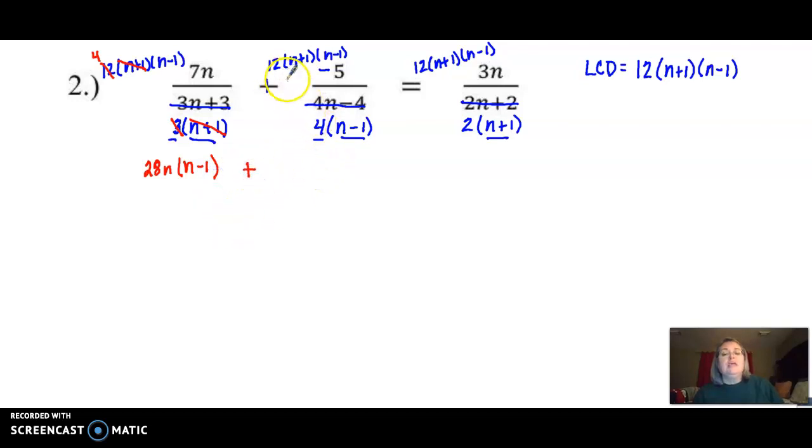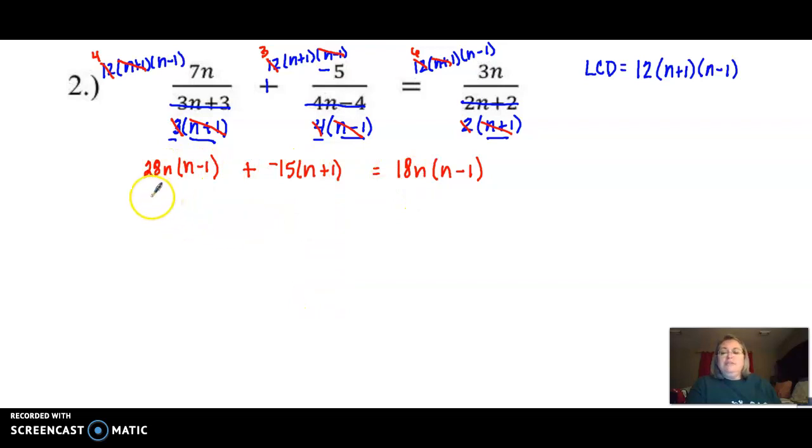Plus, now when I reduce, my n minus 1 cancels with my n minus 1. 4 goes into 12 3 times. So what I really have is negative 15 times n plus 1. And on my last part, my n plus 1's cancel. My 2 goes into my 12 6 times. 6 times 3n gives me 18n times my n minus 1.